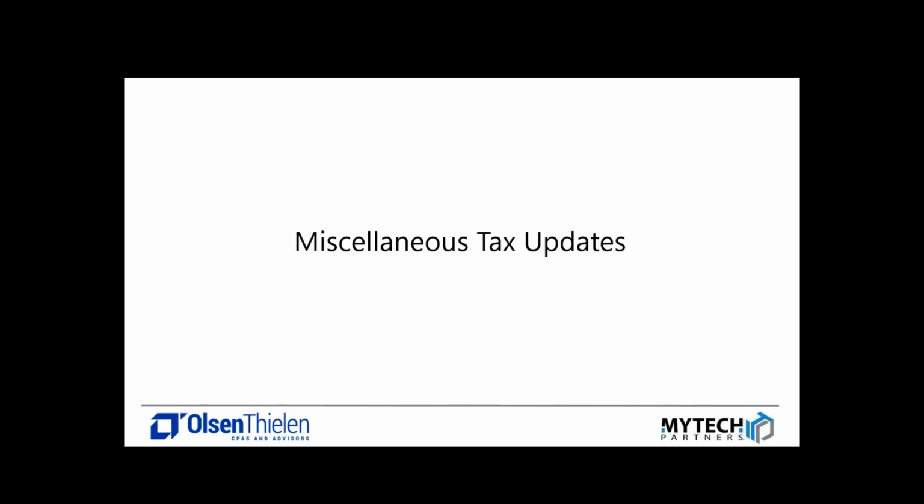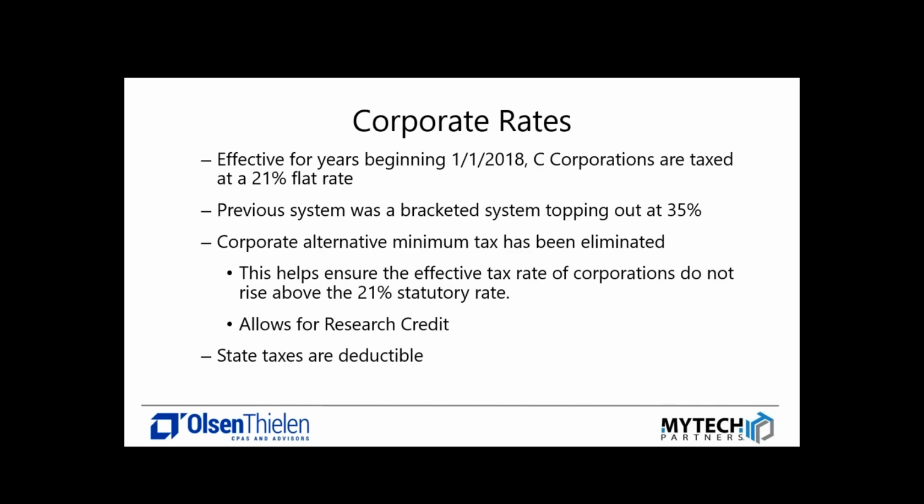All right, so here's some miscellaneous tax updates. Obviously, corporations. This is talking about the new tax law we're under. C corporations are now taxed at a 21% flat rate. Previously, the system was a bracketed system topping out at a 35% rate. Also, the corporate alternative minimum tax has been eliminated.